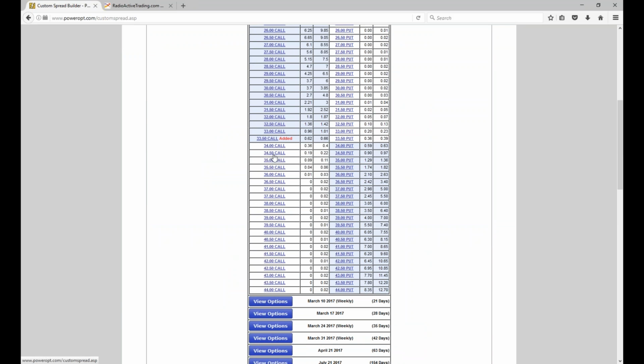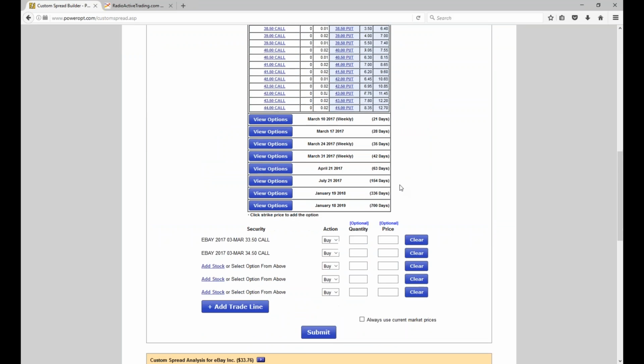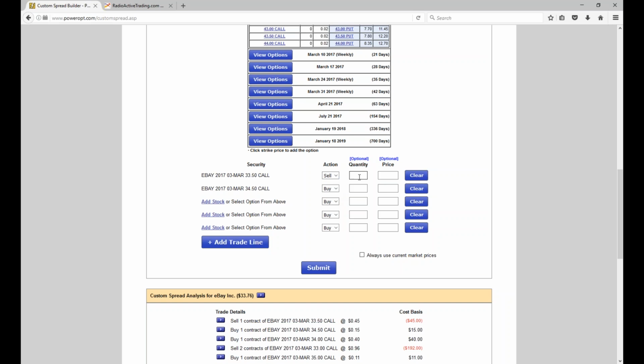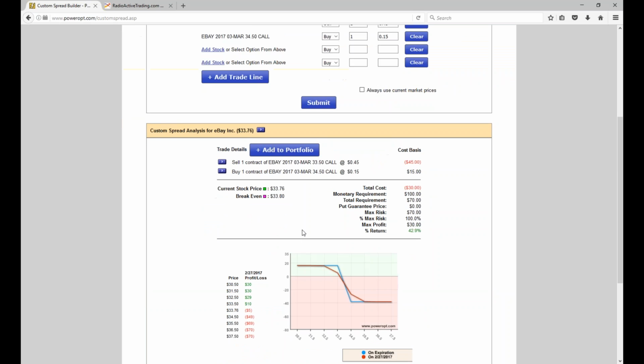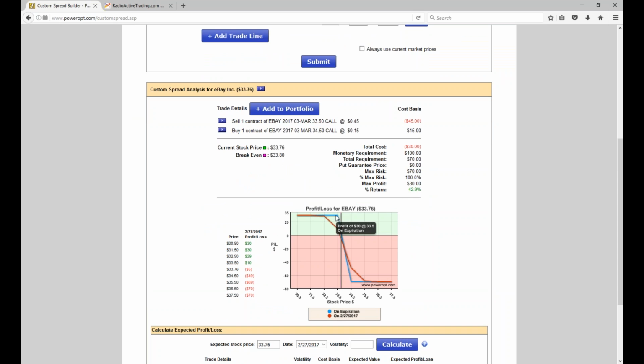We bought the 34.50, I think I said for 15 cents, okay? So that was our original. We're just going to put back in that original bear call spread on eBay. All right, so there's our 30-cent credit and a 42.9% return.